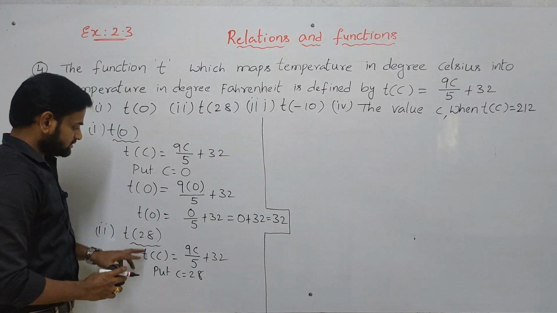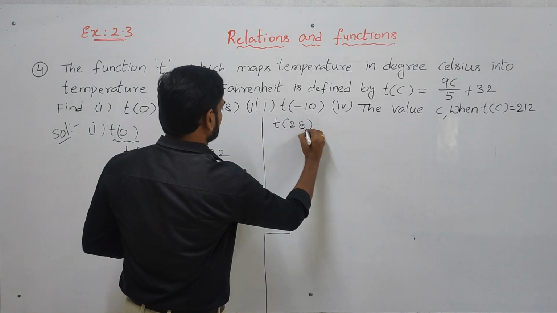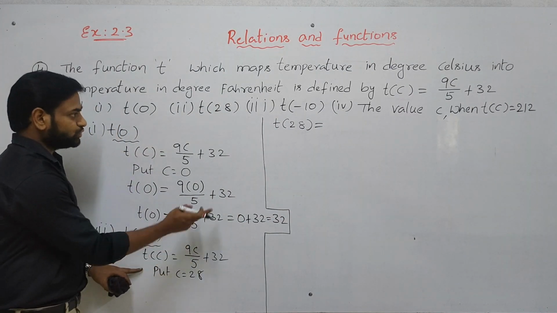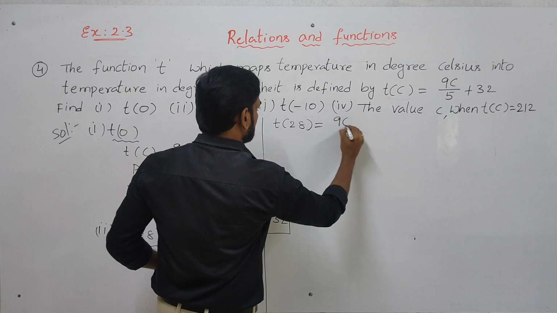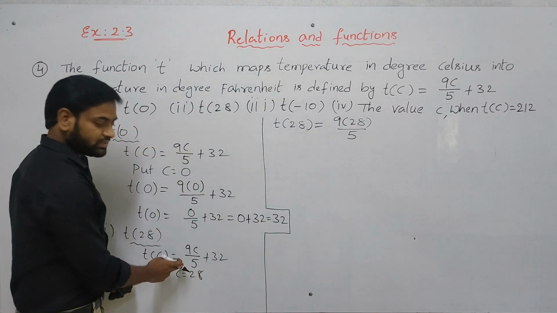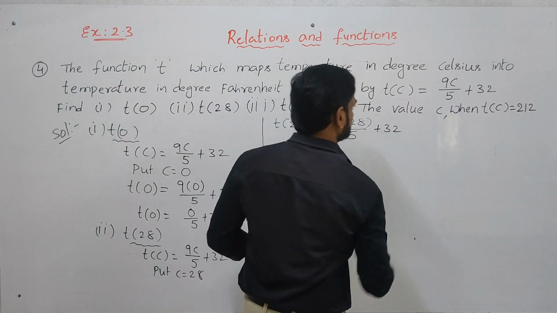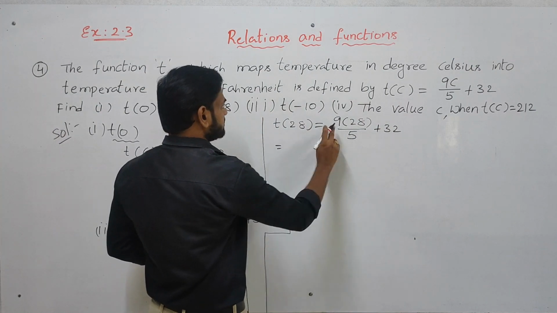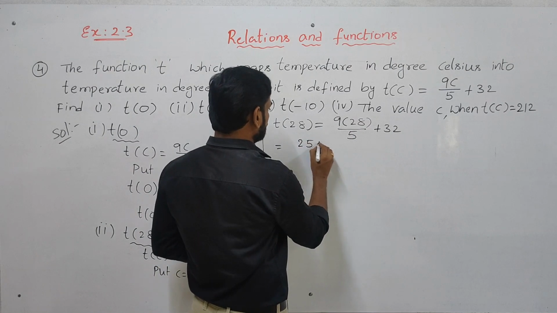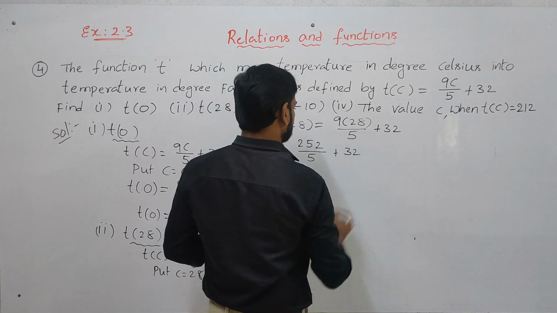Now substitute. t of 28 is equal to 9 into c value 28, 9 into 28 by 5 plus 32. That is 9 into 28, it is 252 by 5 plus 32.